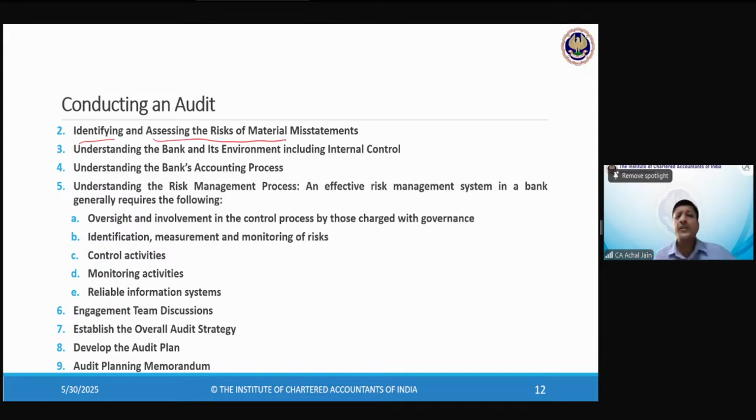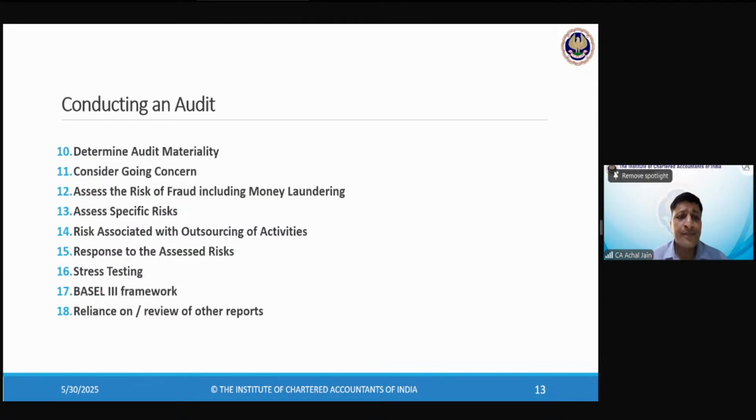Identification, assessment of risk of material misstatement. Understanding the process. Now we are talking about advances, so understanding the process, internal controls, accounting process in relation to advances. Risk management process. There again you have further points. So this way you can design so many audit procedures.